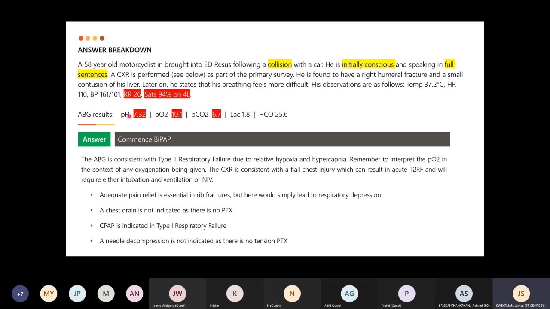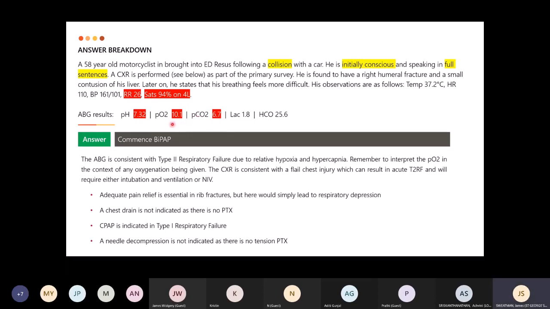So once we see that, we need to see whether this is a respiratory or a metabolic acidosis. If we jump over here to the bicarb, it's not a metabolic acidosis because that's normal. So it must be a respiratory acidosis, and we can see that the CO2 is raised, even though just fairly marginally. Now, the next question is, is there hypoxemia with this?